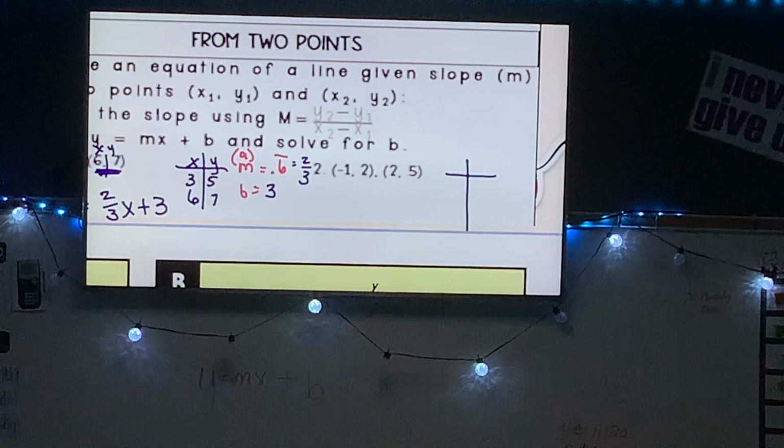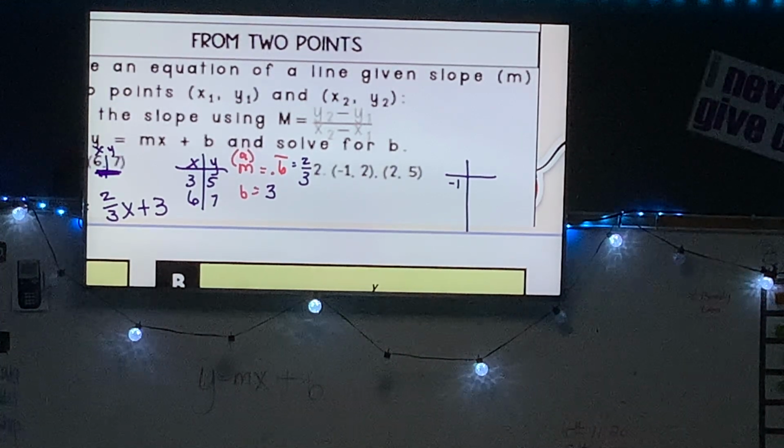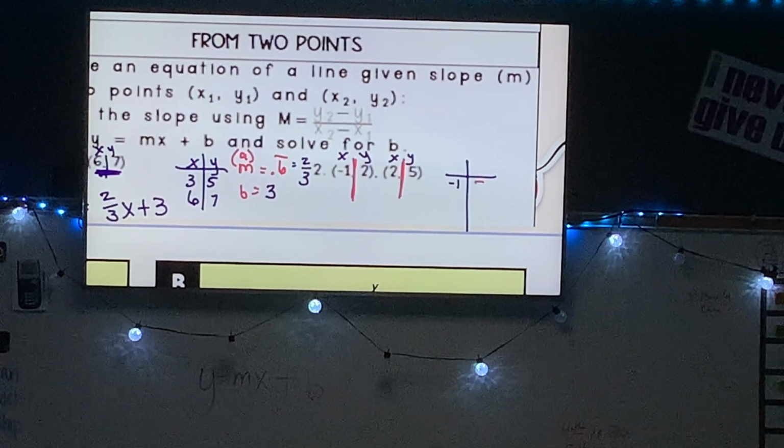Number 2. We must write it side by side.